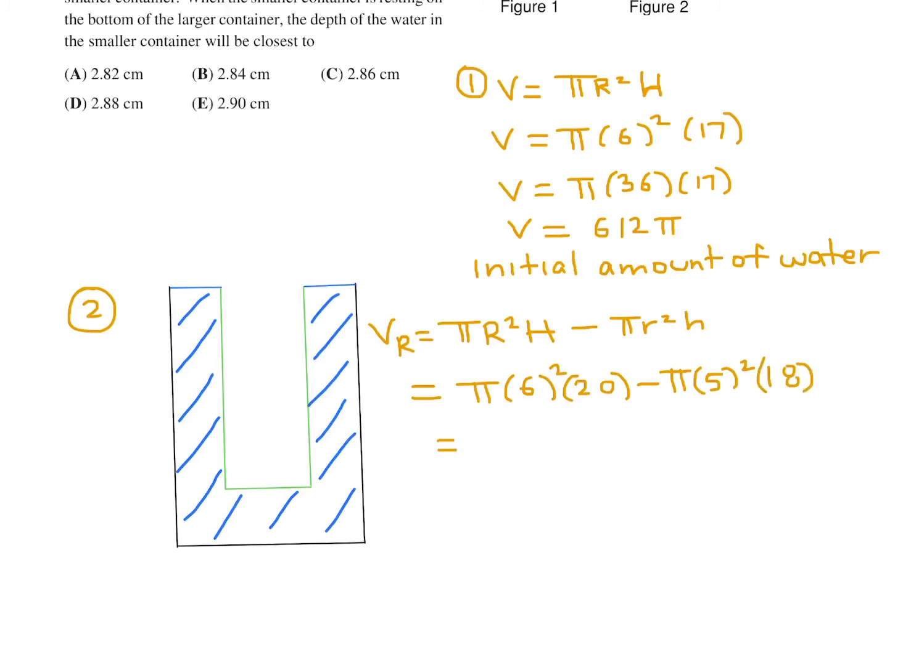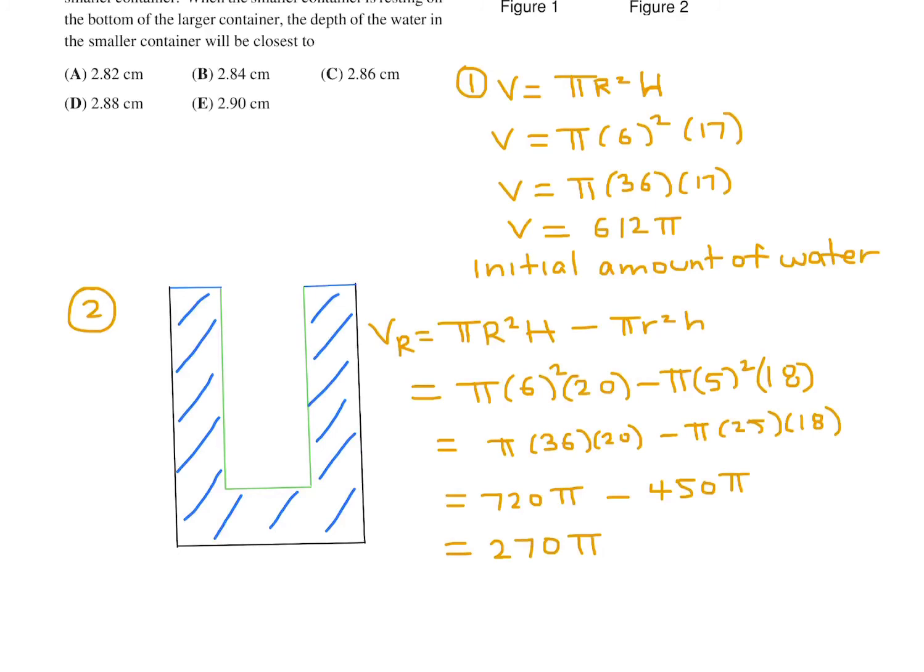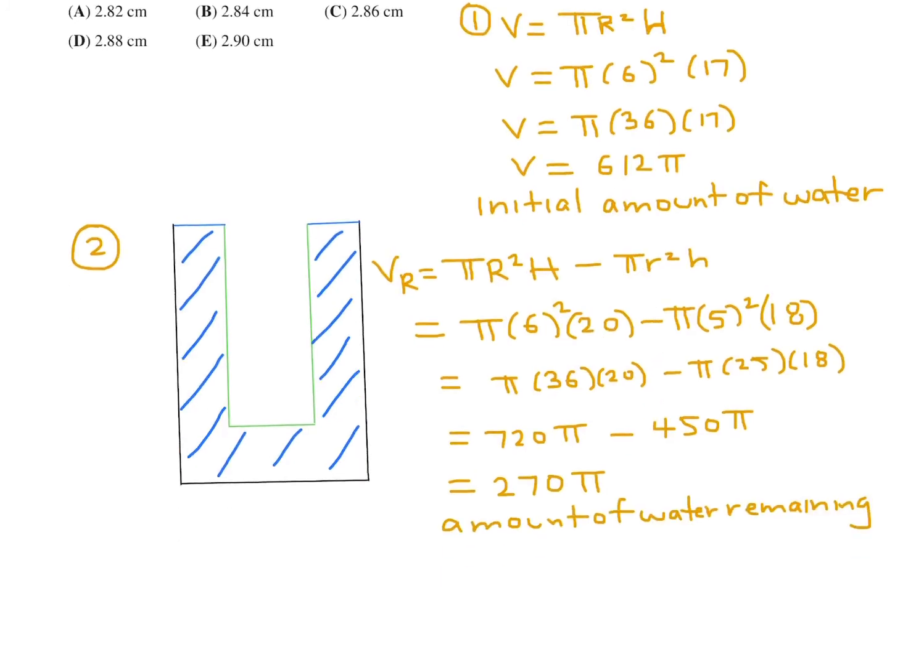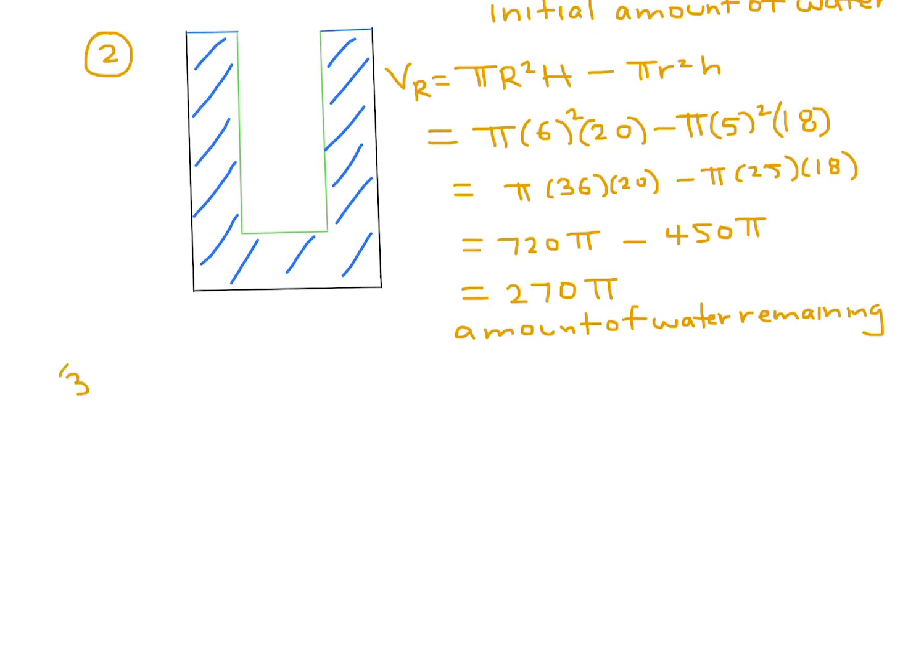So this becomes pi times 36 times 20 minus pi times 25 times 18, which is 720 pi minus 450 pi. And this is 270 pi. So this is how much water is remaining. And now the next thing I'm going to figure out is how much flowed out.